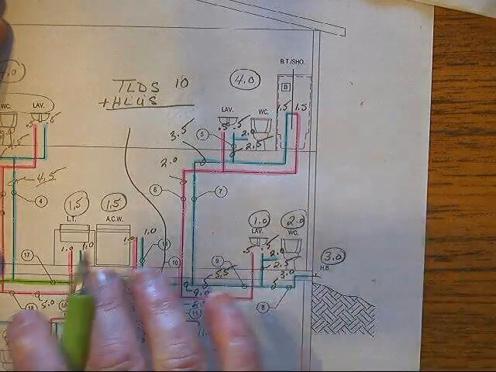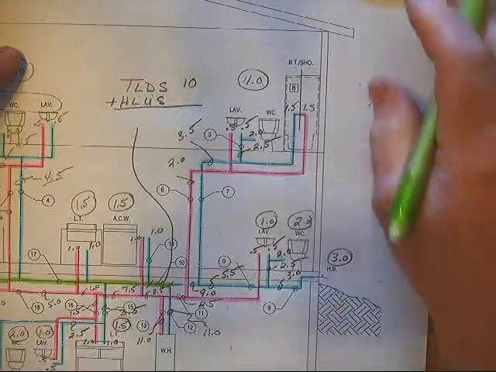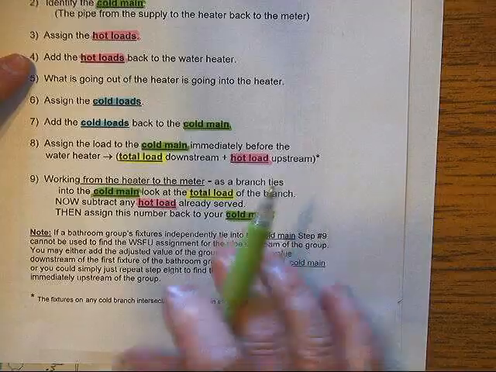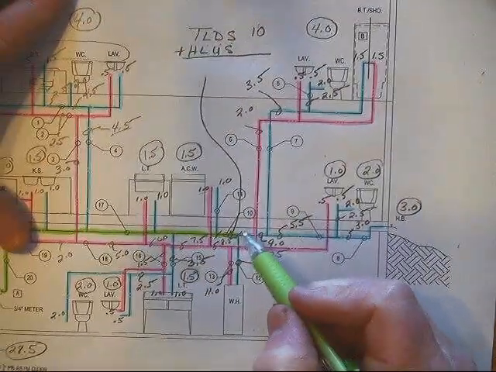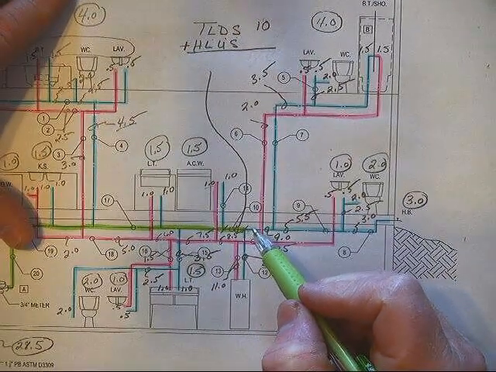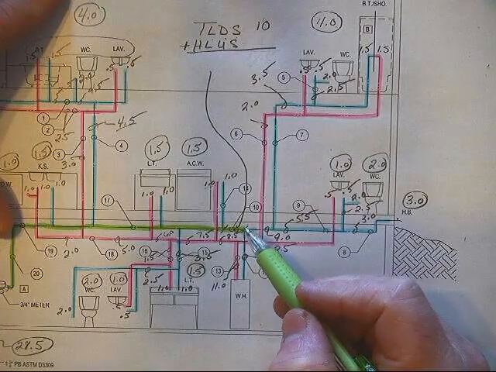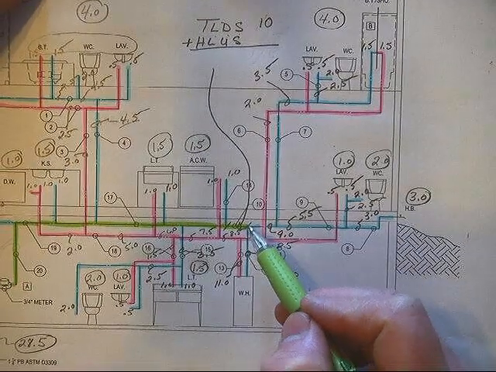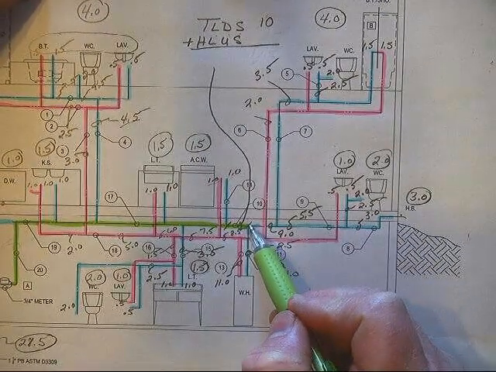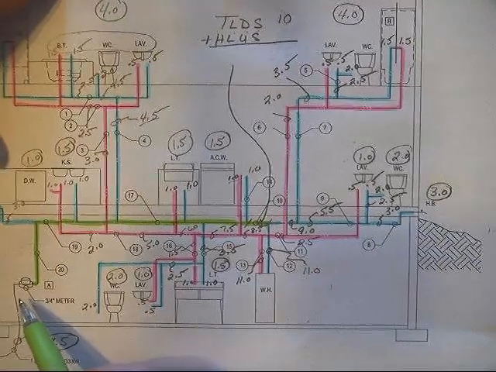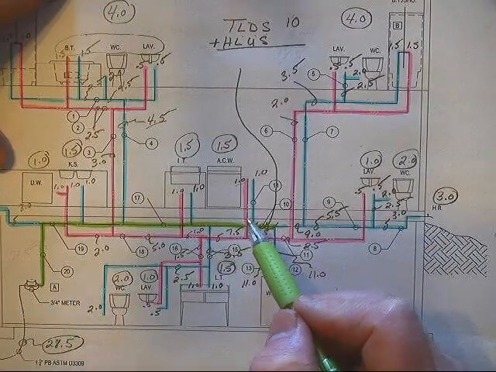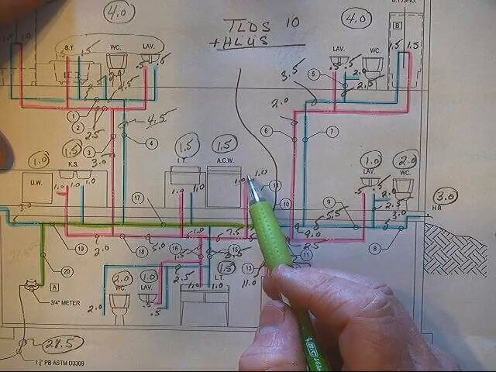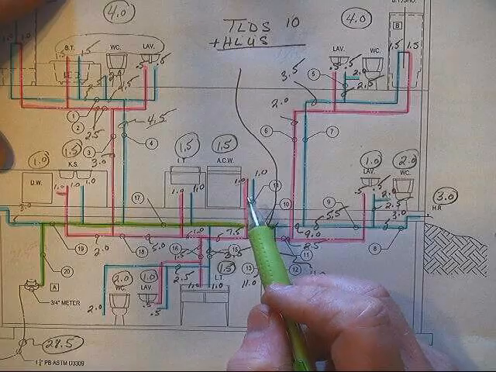The next half of this equation is to take a look at adding the hot load upstream. Any plumbing fixture that ties in, or any plumbing appliance that ties in to the cold main between the tee to the water heater and the water meter, where it ties in with the cold water, is considered to be an upstream plumbing fixture.